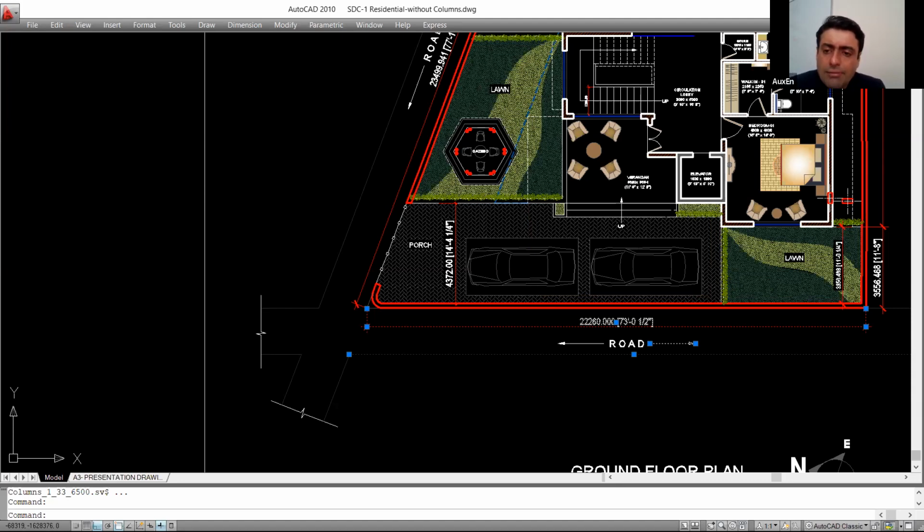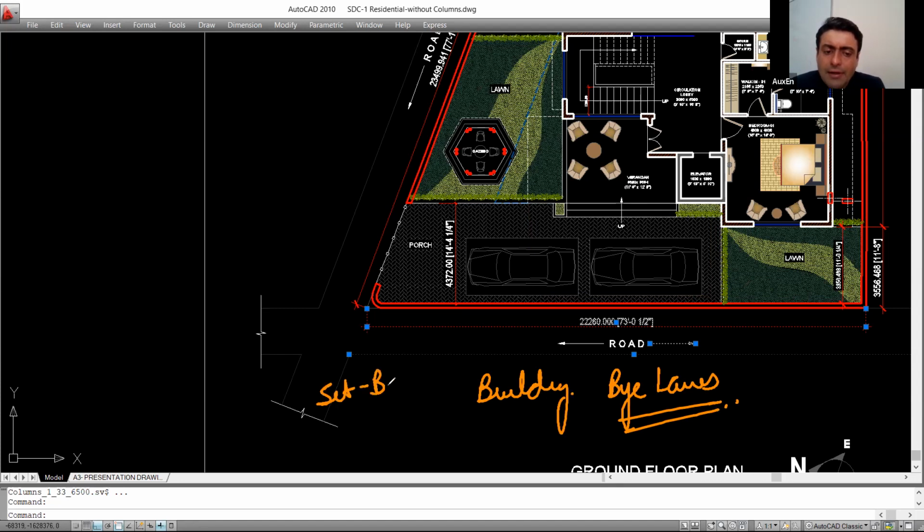So there are some building bylaws. The building bylaws have to be followed, and there is a setback. The two terms that we use are setback, or you might have heard about marginal open space. Have you heard about MOS? MOS means marginal open spaces. So you have to leave some marginal open space or setback.